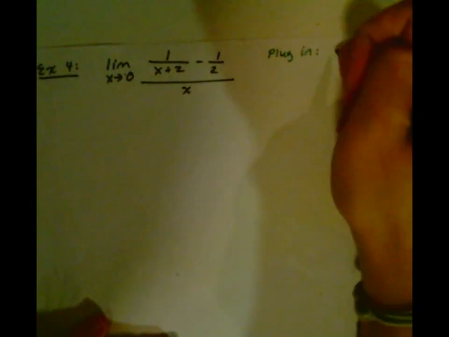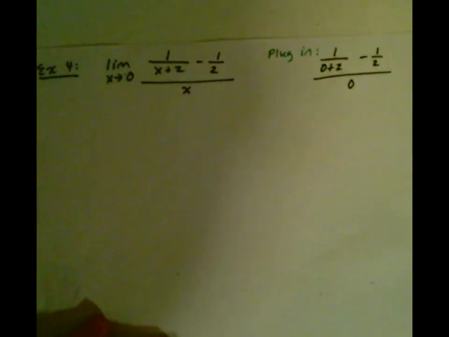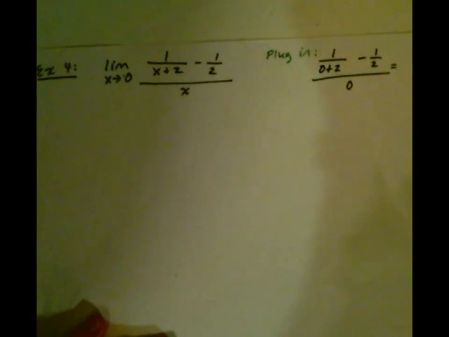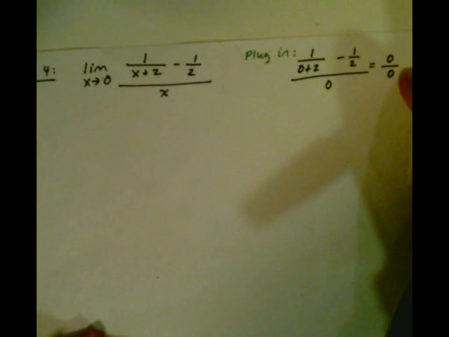Let's see. So when I plug in 0 for x, I get 1 over 0 plus 2 minus 1 over 2, all over 0. And how does that simplify? Well, the top part becomes 1/2 minus 1/2, right? So that's just 0 over 0. And once again, I get this indeterminate form, 0 over 0.